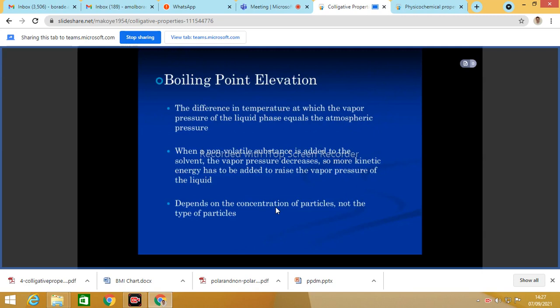Equals the atmospheric pressure. What is meant by atmospheric pressure? Anyone? We are very much familiar with atmospheric pressure. But let me know how many of you exactly know what practically the atmospheric pressure is.